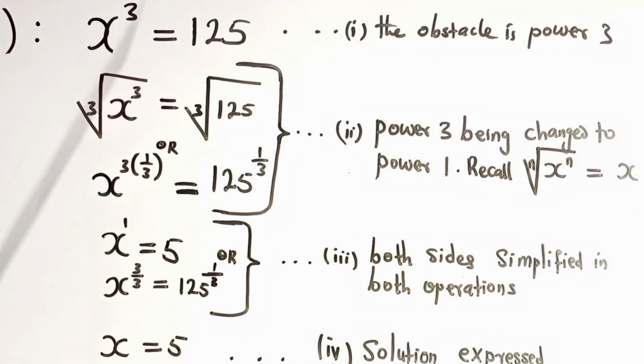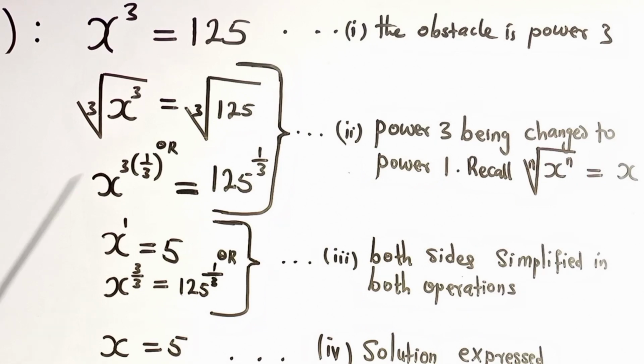The same thing is applicable to the right-hand side, which is 125 raised to the power 1 over 3. Don't forget that I introduced 1 over 3 to the left-hand side, and the value will change. That means the same 1 over 3 has to be introduced to the right-hand side, and both are powers of those terms found in both sides of the equation.